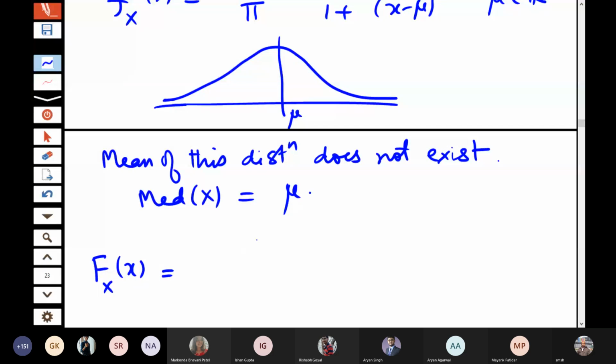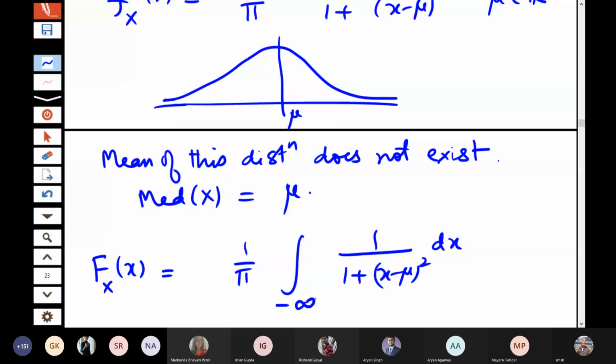CDF is the integral of 1 by 1 plus x minus mu square dx from minus infinity to t.